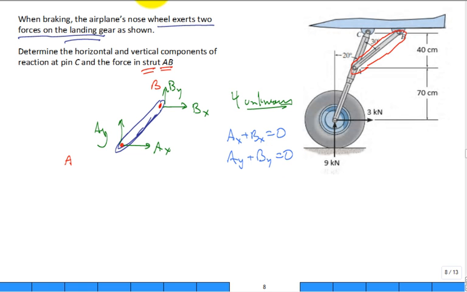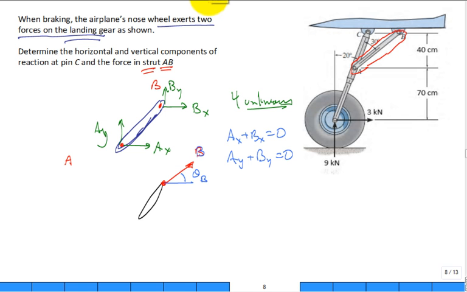Another way to redraw this free body diagram is you could say, look, I'm going to talk about the magnitude of the force and the orientation theta B. So my unknowns would be B, the magnitude of the force, and the orientation theta B. See that? All right.